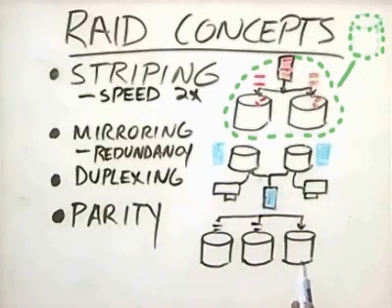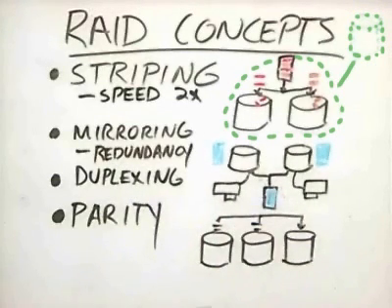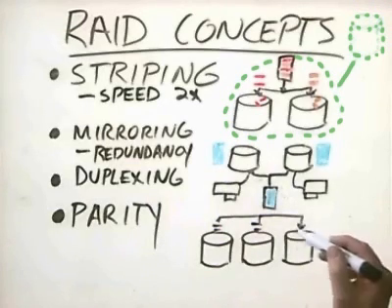This parity information can be used to reconstruct data if something bad happens to one of the disks in the striped array. By doing this, we have created essentially a striped array that has some redundancy to it. In other words, if this disk were to go down, we can reconstruct the missing data from the parity information over here.